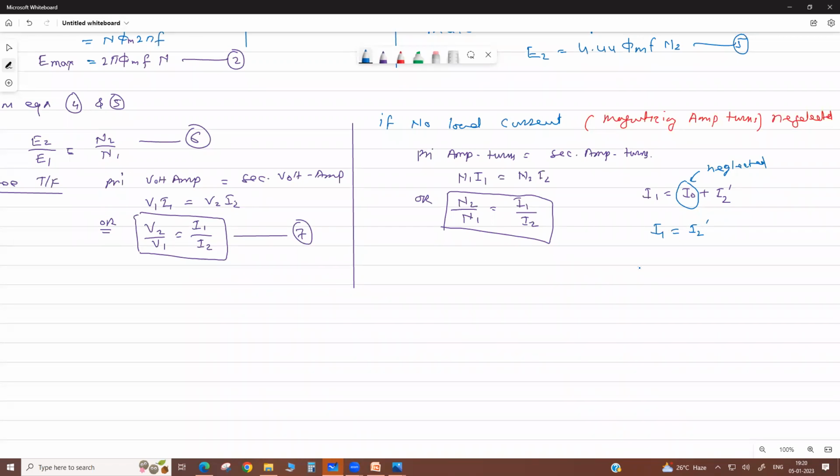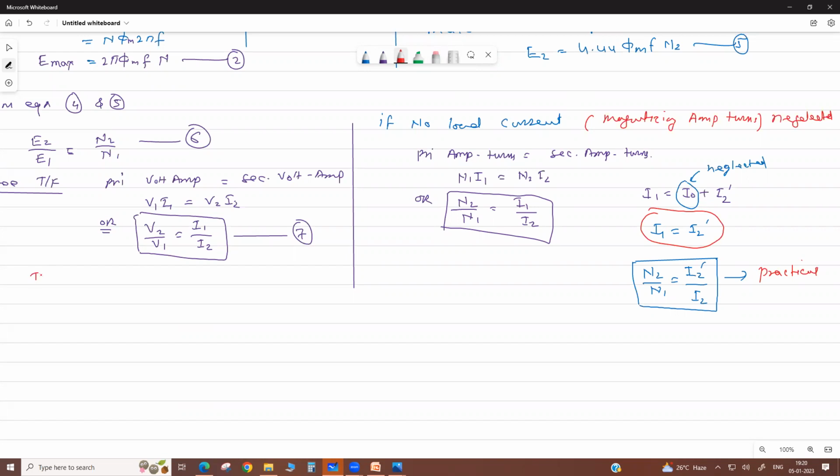Actually, in the actual case the turn ratio involves I2 dash to I2, but for the ideal case we consider these equal.